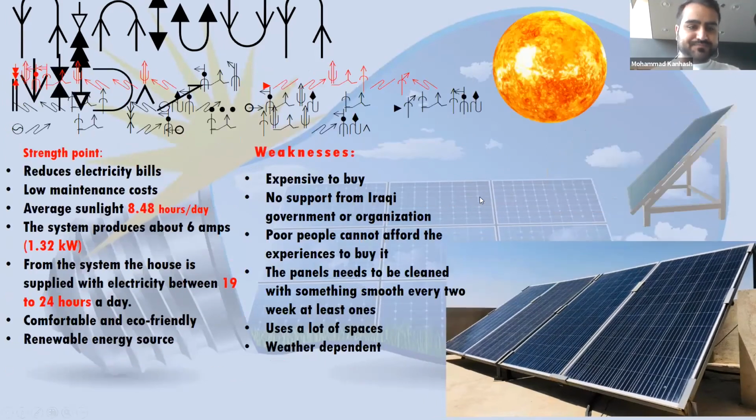Next slide, please. Now we are talking about the pros and cons of solar panels in Iraq. The strengths, or pro points, are you don't need to pay anymore for the generators. You have the whole panel in your house, which is very good. You don't need the cable, and you don't need to fix it every few months.